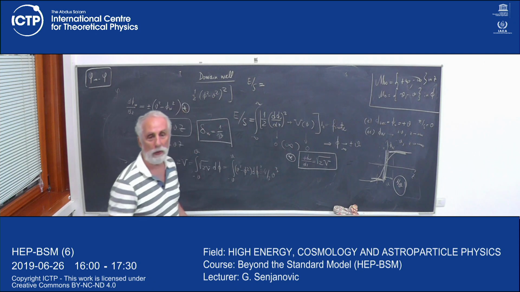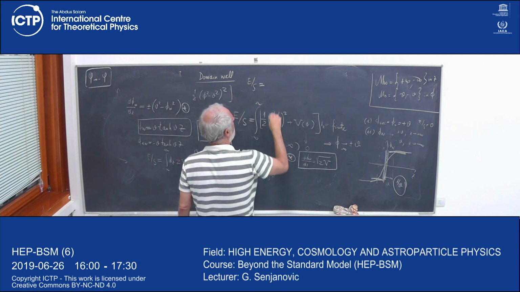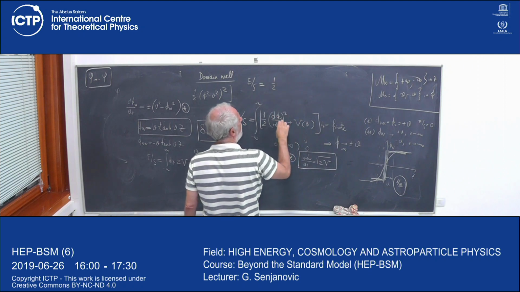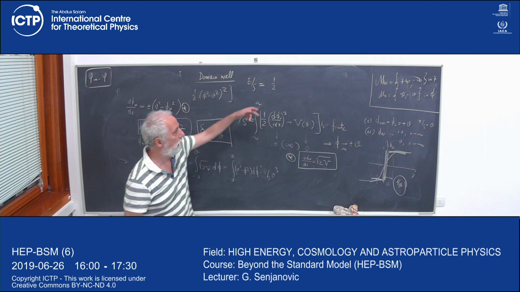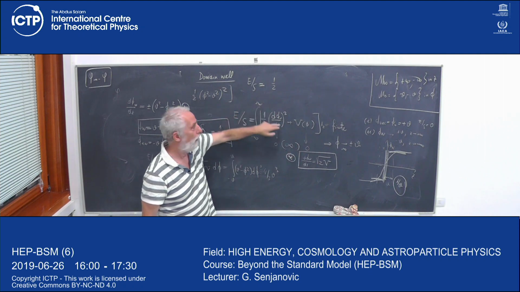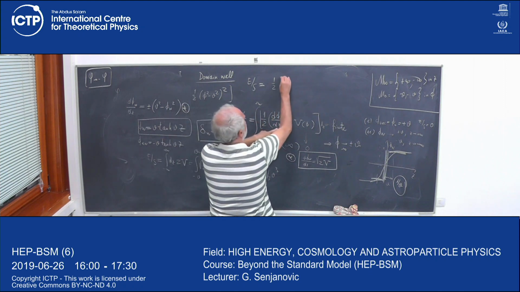Outside, I'm in the vacuum, energy 0. Inside, here this is 1/2. The change of phi is from V to minus V, it's 2V, over the length 2 delta. So this is V over delta squared.